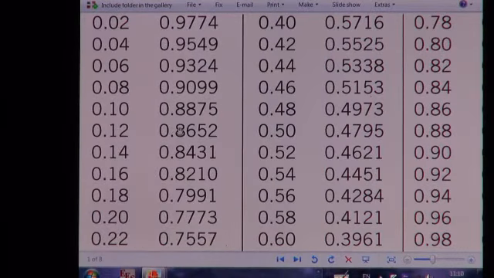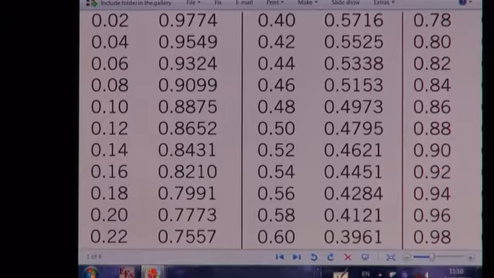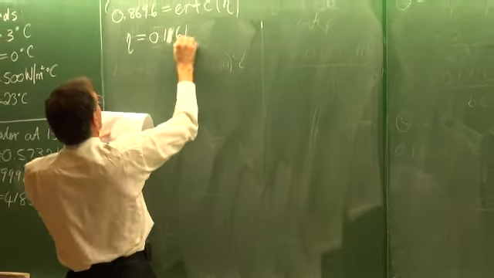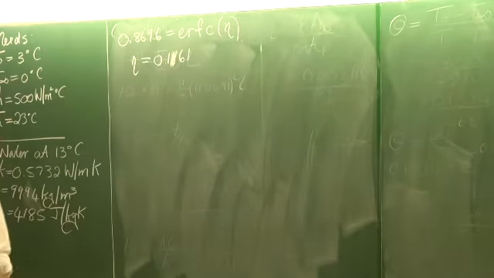Okay, about there, you see? All agree? So from that we can now get eta as 0.1161.